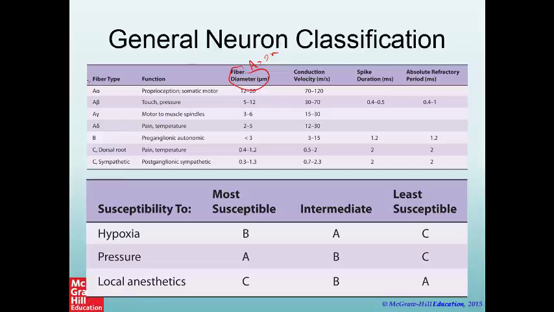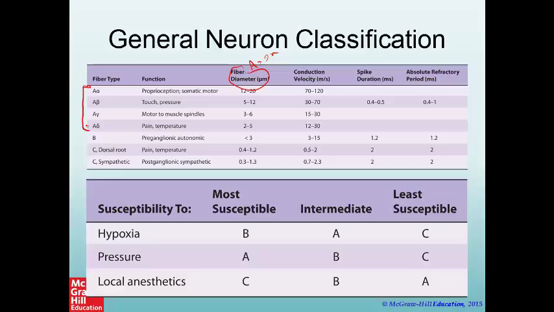So the largest fibers are grouped as type A fibers. Intermediate fibers are type B, and the smallest fibers are type C. And then we break down those into even smaller, even more specific classifications.